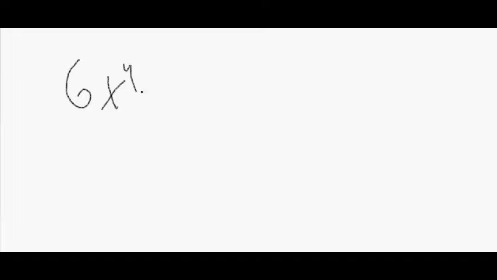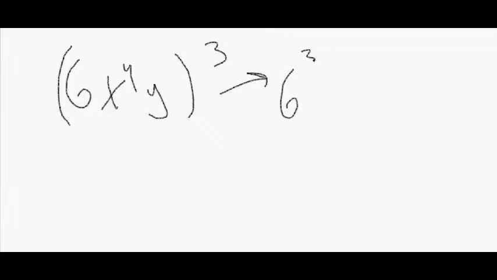For instance, we've got 6x to the 4th plus y, and let's say I cube this instead. Because you have the parentheses, you have to multiply. Because this is to the 3rd, we're doing 6 cubed times x to the 4th times 3, not plus, times 3, and y cubed.